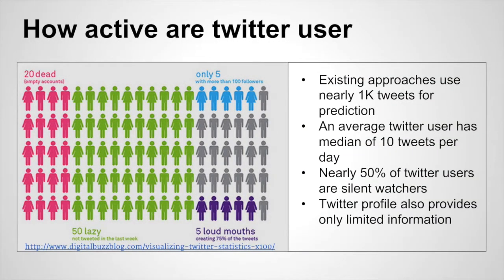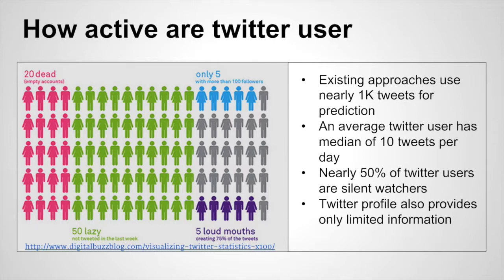This visualization shows how active Twitter users are. You can clearly see that nearly 20% of Twitter users produce zero content, the ones which are in pink. The 50% which are in green are like me, who are lazy and go to Twitter in a week or two.